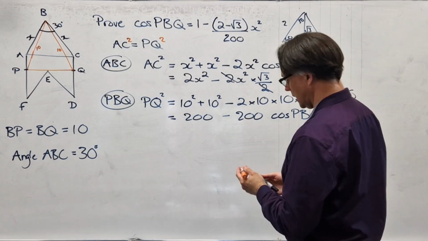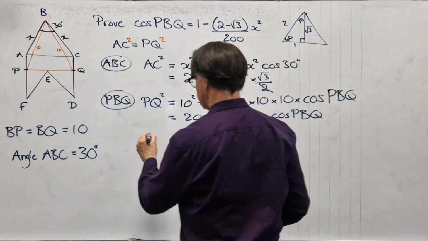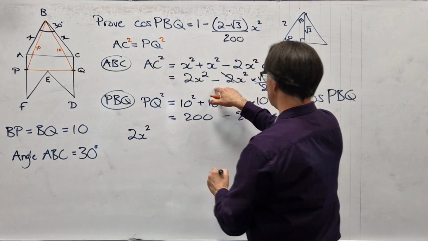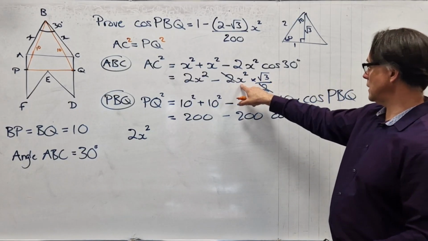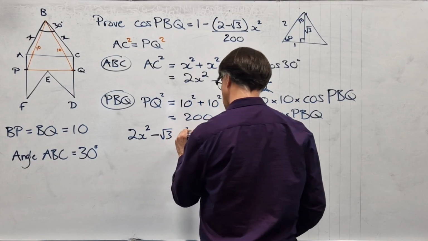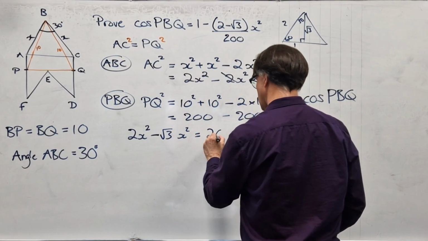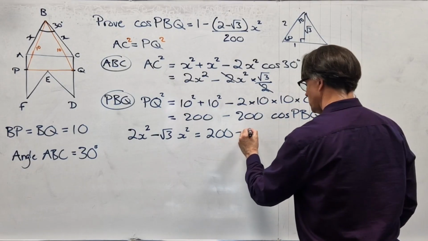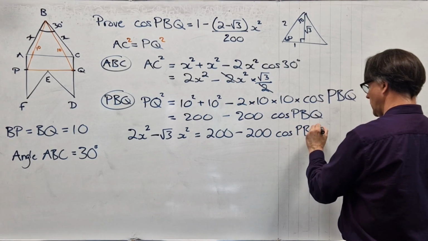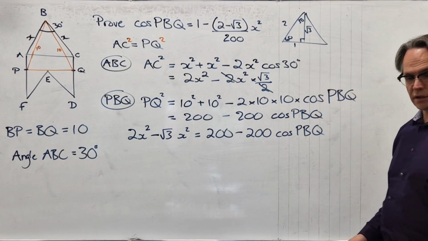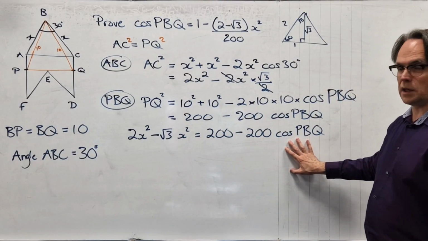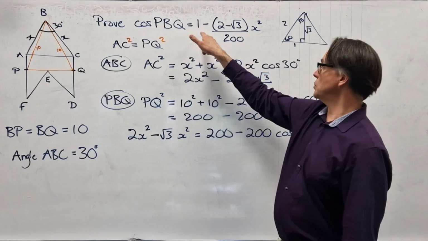So I've got 2x squared minus the square root of 3 times x squared, and that is equal to this, 200 minus 200 cos PBQ. Now all we have to do is rearrange this formula to make cos PBQ the subject, and we should get this.